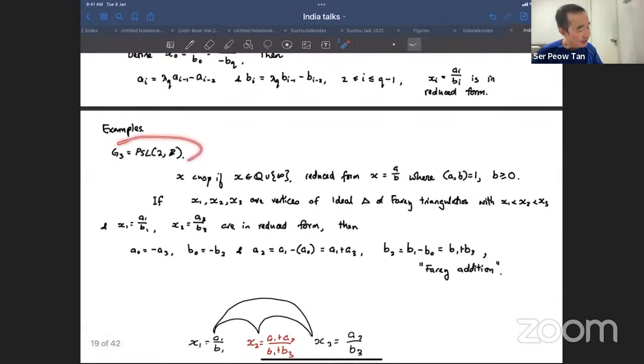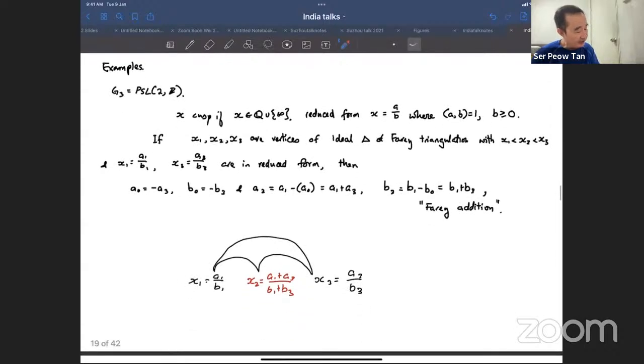Let me explain why this is a generalization of the Farey addition. In the case of G3, we know x is a cusp if it's a rational number. If I have three vertices of an ideal triangle in the Farey tessellation, then I'm assuming that I know the reduced form for x1 and x3, because this line is closer to I than the other two lines.